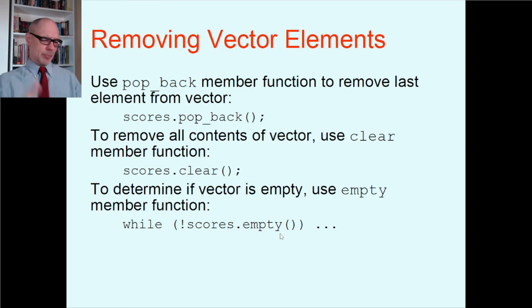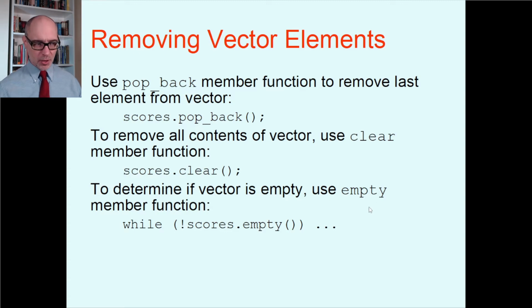Maybe print it and pop one out. If you've still got more information, print it and pop it out. The empty function returns true if there's nothing in the vector, and false if there's anything at all in the vector. So presumably this while loop would keep processing while you have more data. Once the vector is empty, empty comes back as true, not true is false, and that gets you out of the loop. So you might construct a loop like that.